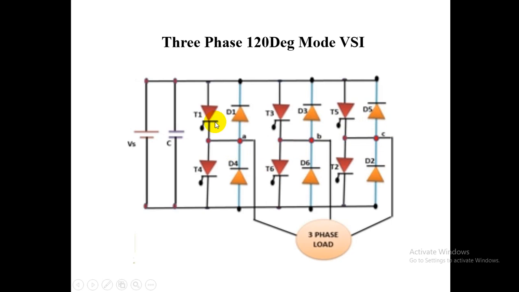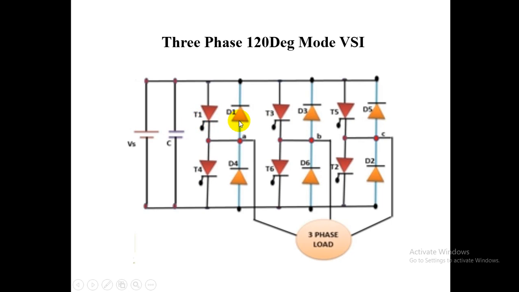And T1, T3, T5 are the thyristor switches. We can call them as upper group thyristor switches, whereas T4, T6, T2 are the lower group thyristor switches, and D4, D6, D2 are the diodes which are related to the lower group.